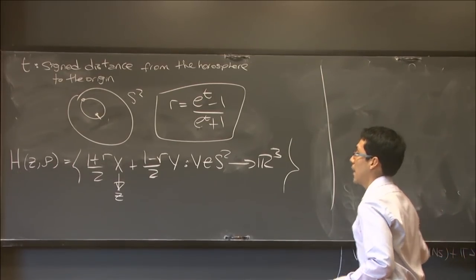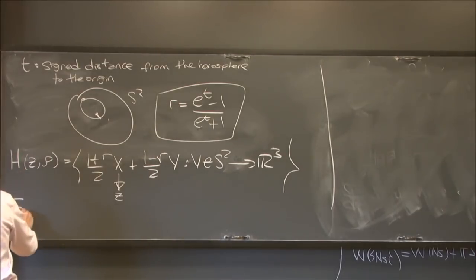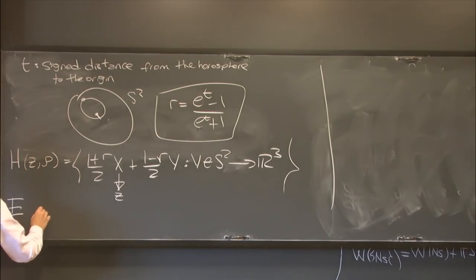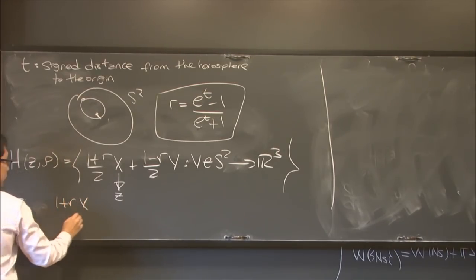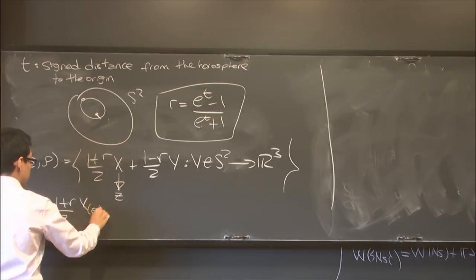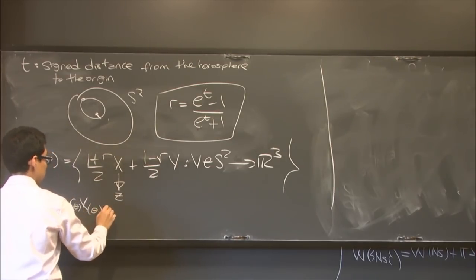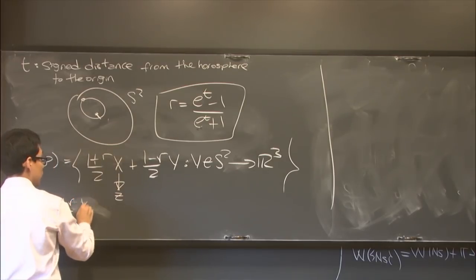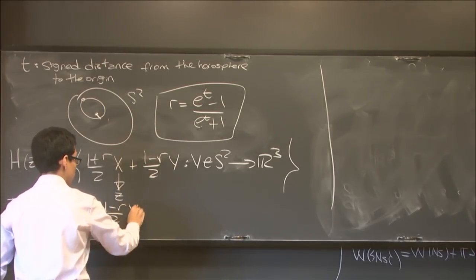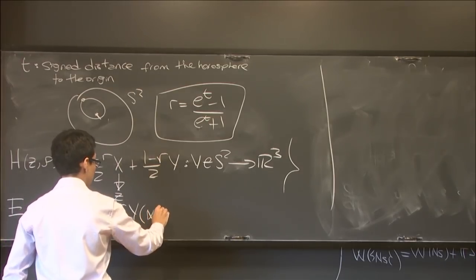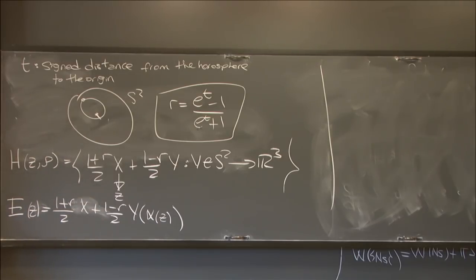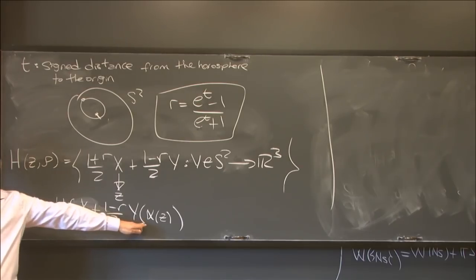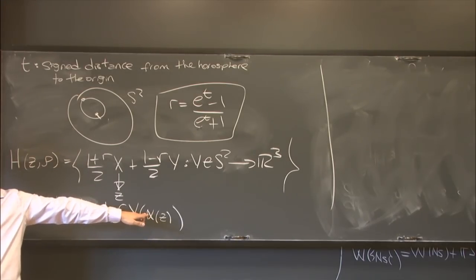So now, an enveloping map goes as follows. For each point C, you want to pick a particular point in your Euler sphere.